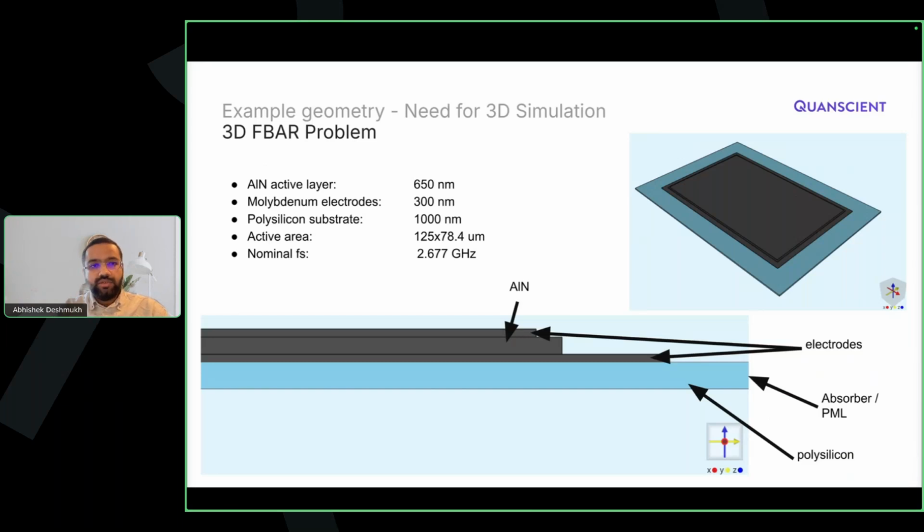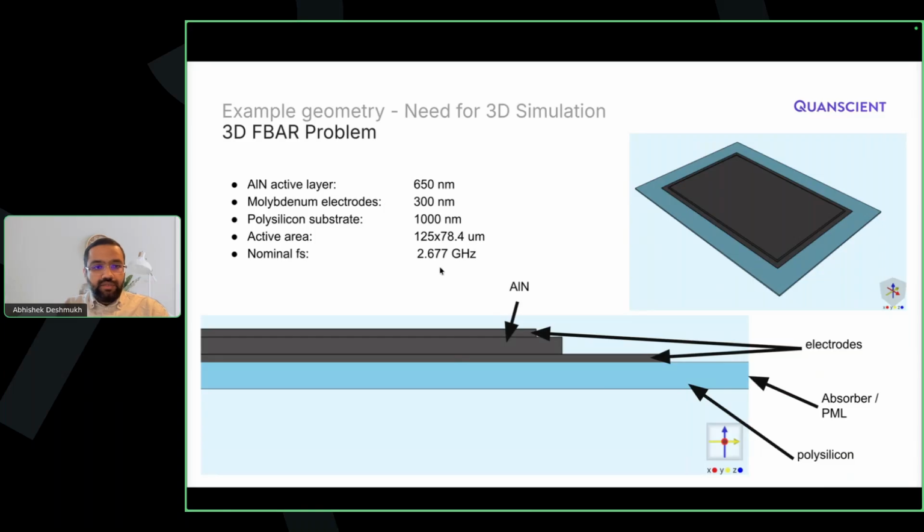So this is really the simplest example here. All square domains, we have aluminum nitride as the piezoelectric material between the two electrodes here, and it's sitting on the silicon substrate. We have some absorbing boundary conditions to avoid the reflections, which might come back from there and affect the performance.